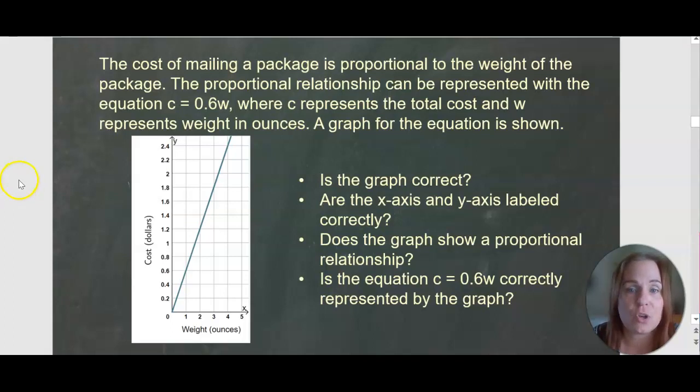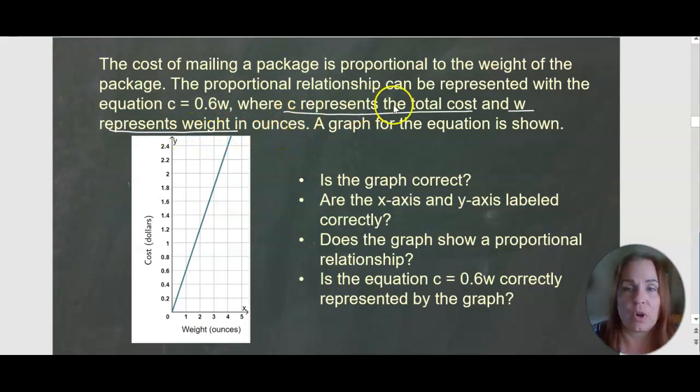Okay, so let's check the other bullet points, and that's going to let us know if the graph is correct, right? So first of all, are the x-axis and y-axis labeled correctly? Well, it says that C is the total cost and W is the weight, right?